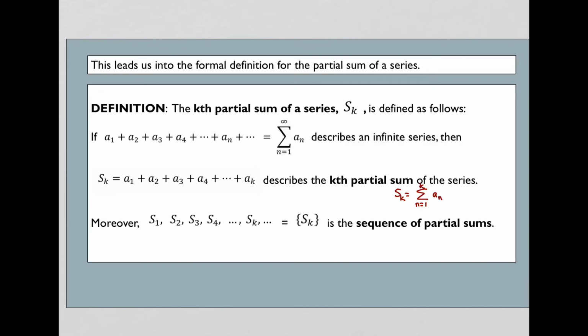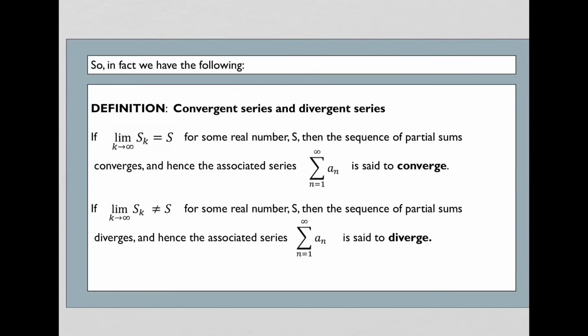Moreover, if we looked at those partial sums and arranged them as a sequence, like we did with the last example, we get what's called the sequence of partial sums. And like we looked at last time, if those sequence of partial sums form a pattern, or in other words, if they converge, then we say that the whole series converges.